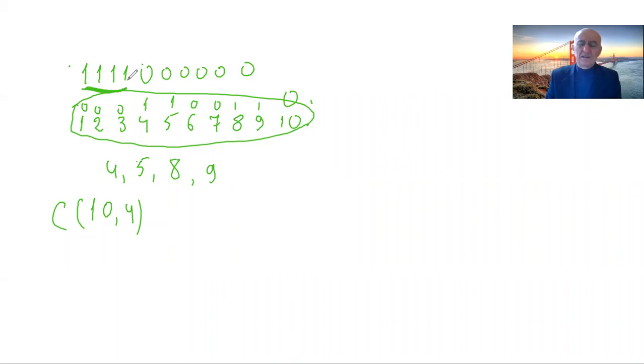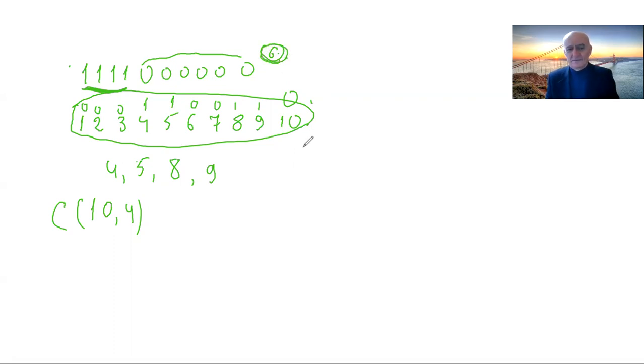It's given that there are exactly 4 ones, but at the same time, it means that there are exactly 6 zeros. So I can look at this problem from the other view: how many bit strings are there with exactly 6 zeros?